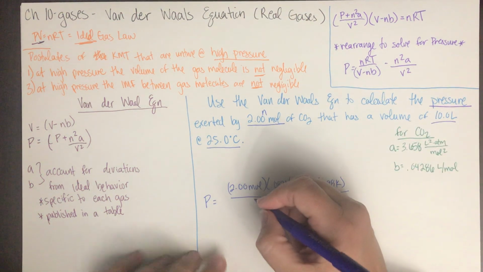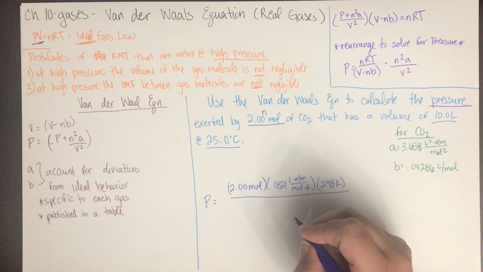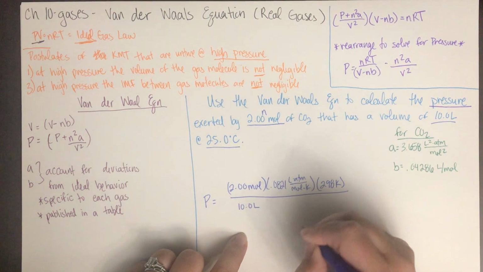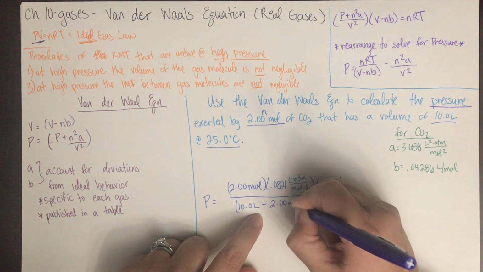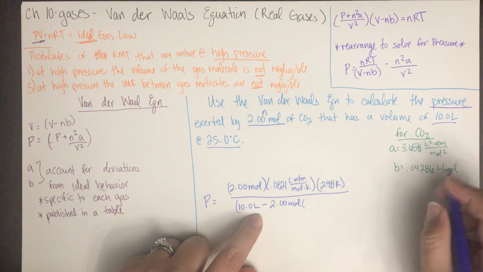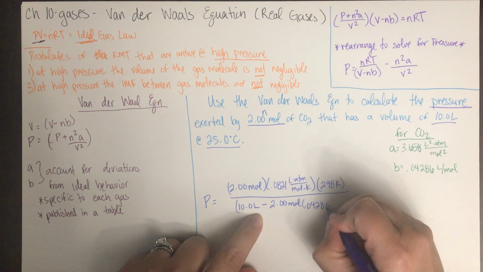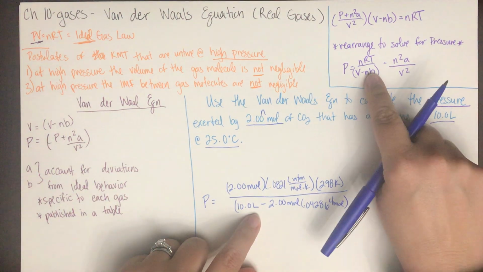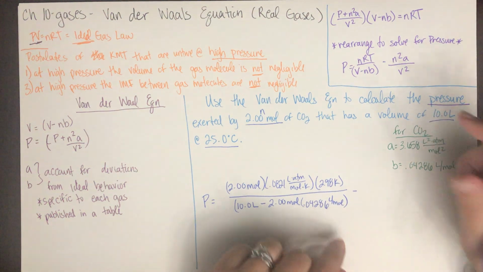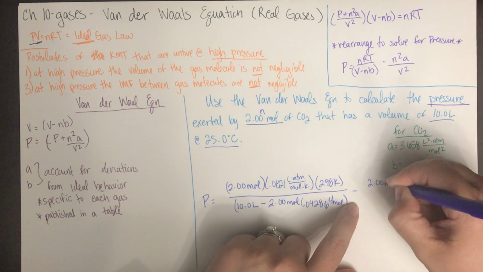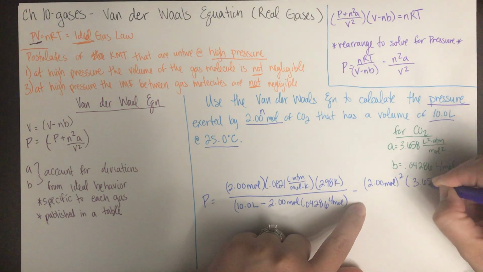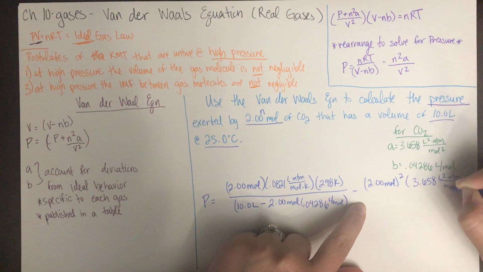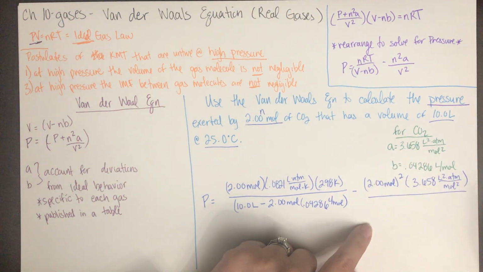Over V, minus nB, so that's this part, minus n again squared times A over V squared.